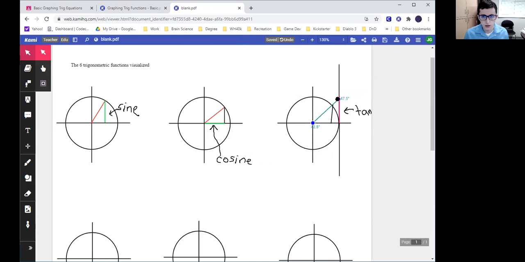As it's turning, it's kind of following. You can see that as I follow this up, you get that turning motion, right? As I just stay on the tangent line like this, you get this turning motion. And when you get to here, tangent is actually undefined. So at 90 degrees, tangent is undefined.